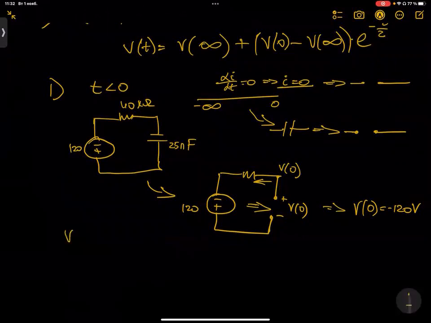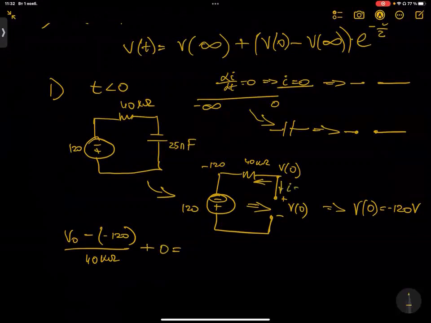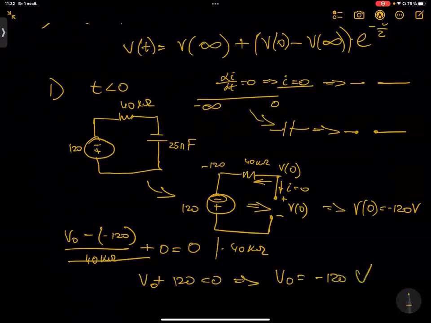This current equals V0 minus, here we have minus 120 because the polarity is minus, over this resistor, plus 0, because the current here is 0, so everything equals 0. We omit this part because we can multiply everything by this value, and what we have is V0 plus 120 equals 0. So overall, our V0 is going to be minus 120.